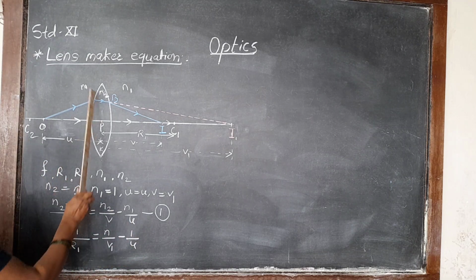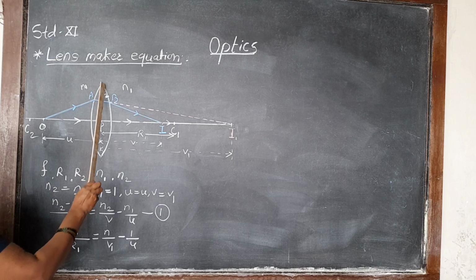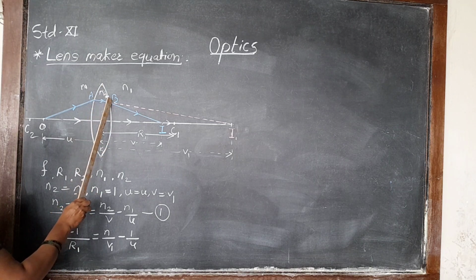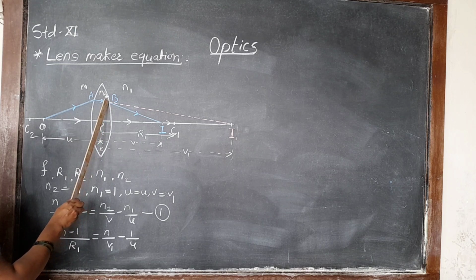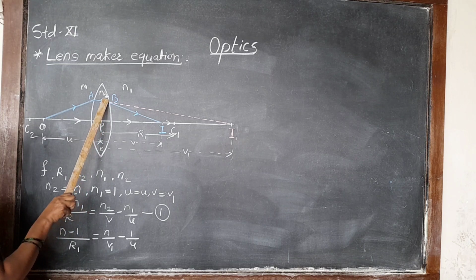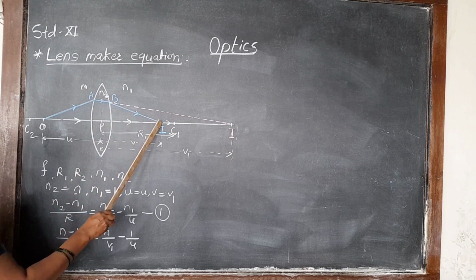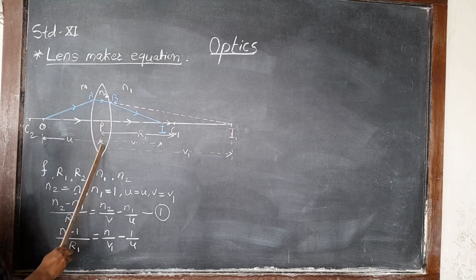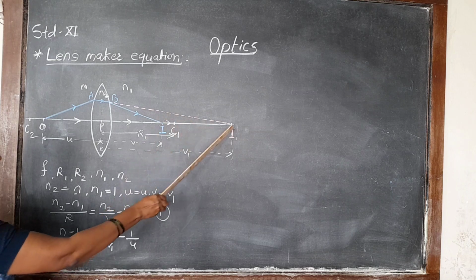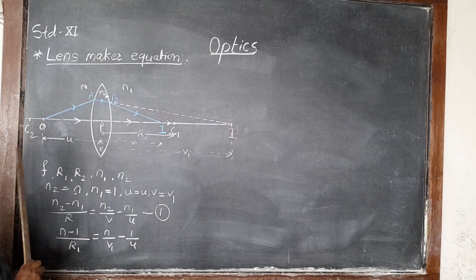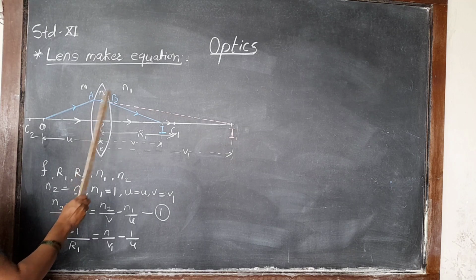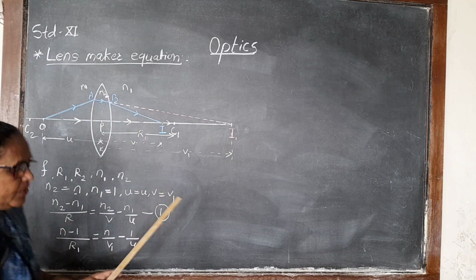Now see here, there is a second spherical surface. So the ray AB gets refracted at this point B and travels along BR. So here R is the final image after the refraction through this second surface, and for this, I dash acts as the virtual object. Here the medium of incidence is N2 and medium of refraction is N1.